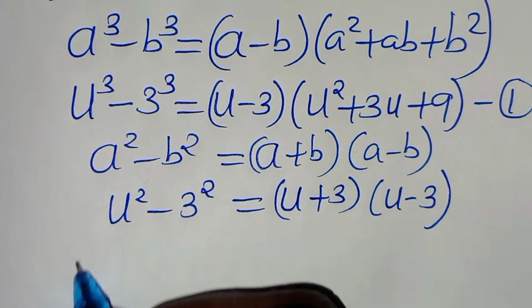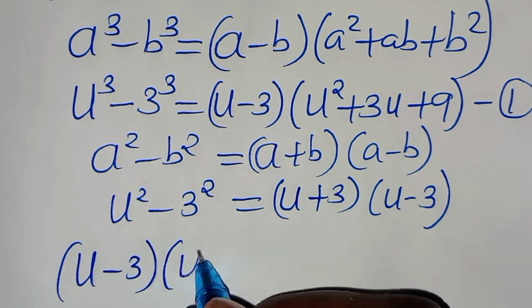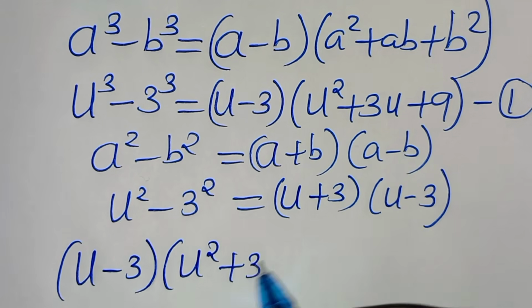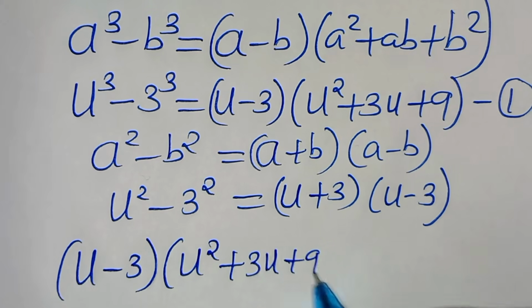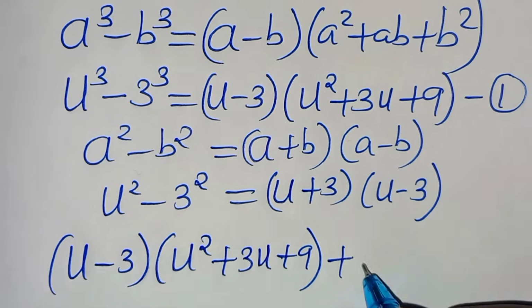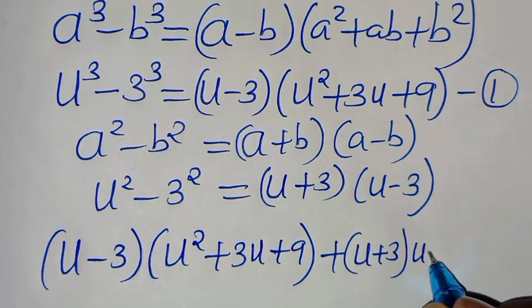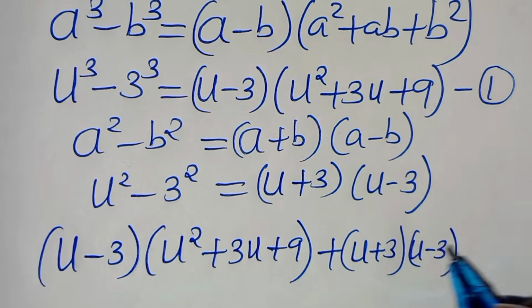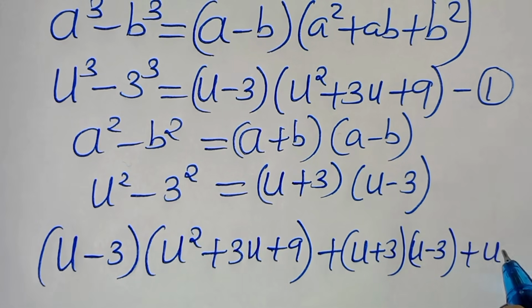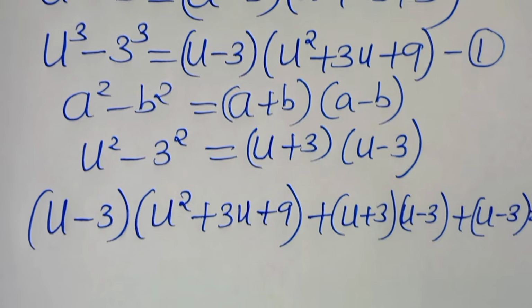So we have u subtract 3 times u^2 plus 3u plus 9, then plus u plus 3 multiplied by u subtract 3, then plus u minus 3. This is equal to 0.